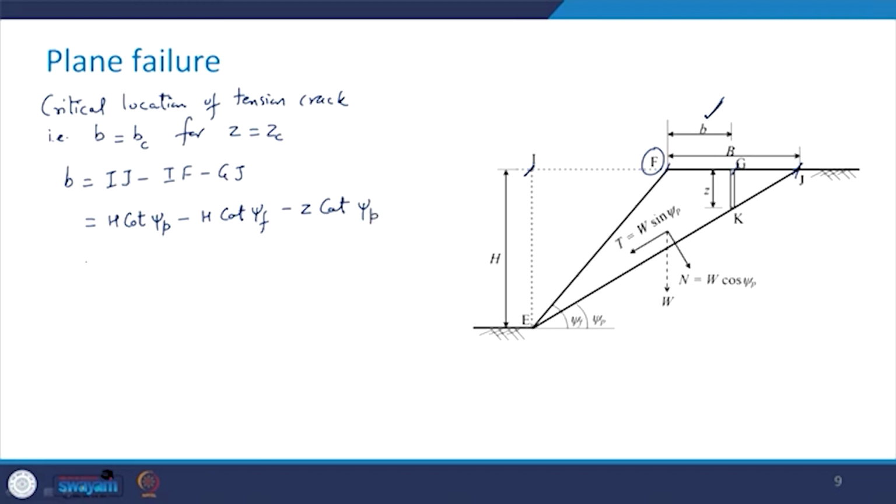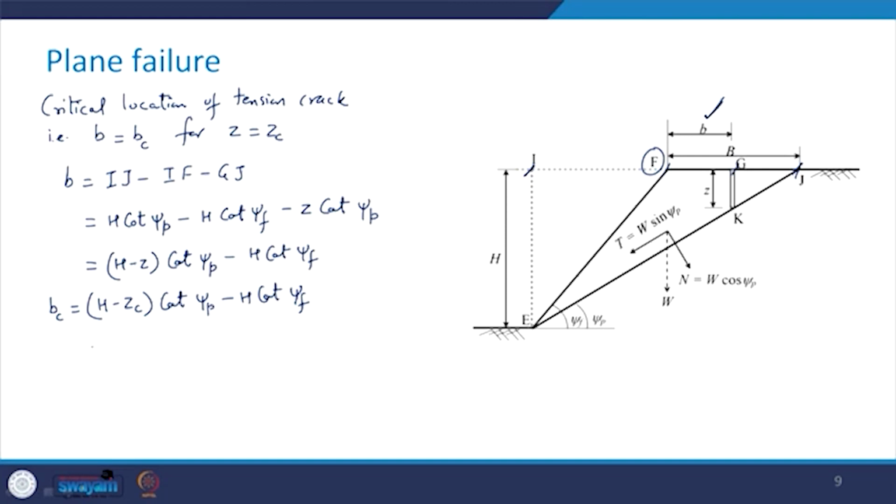So, we will get here (h minus z) cot ψp minus h cot ψf. So, bc is going to be (h minus zc) cot ψp minus h cot ψf.